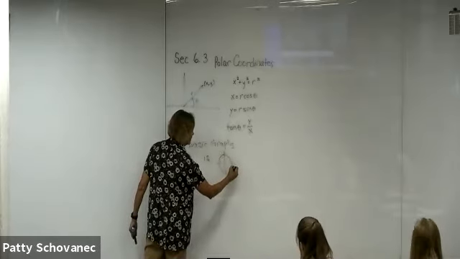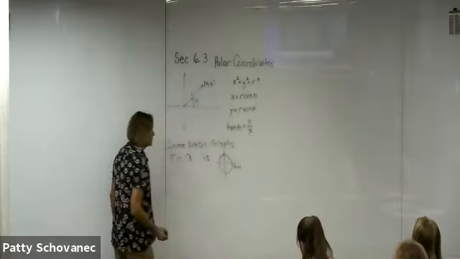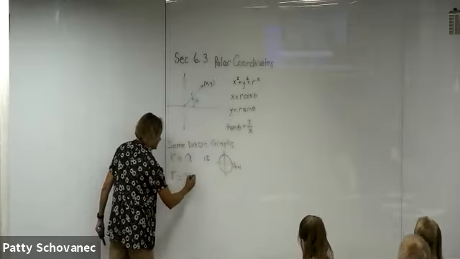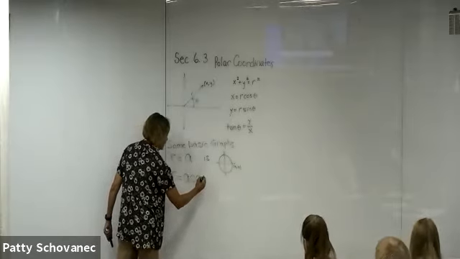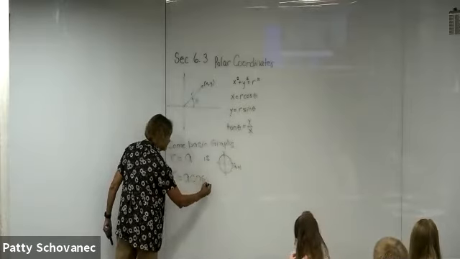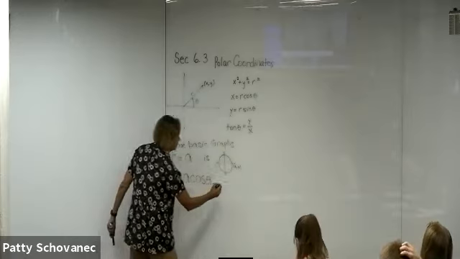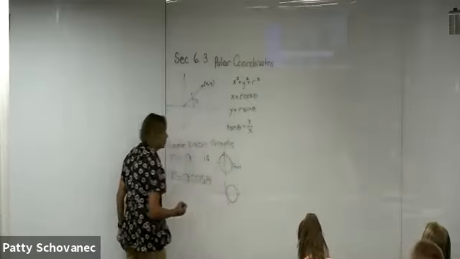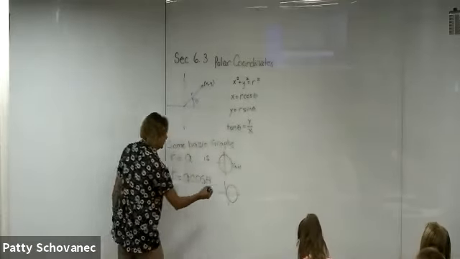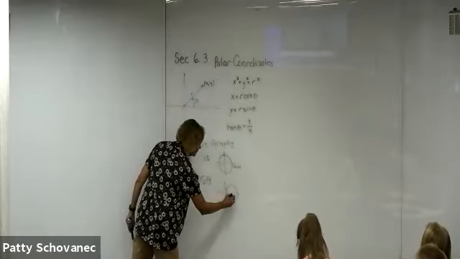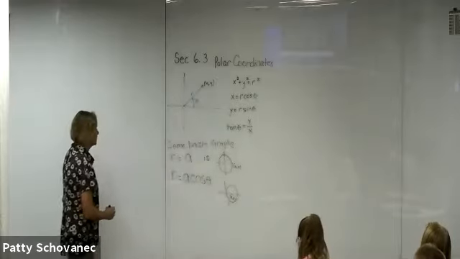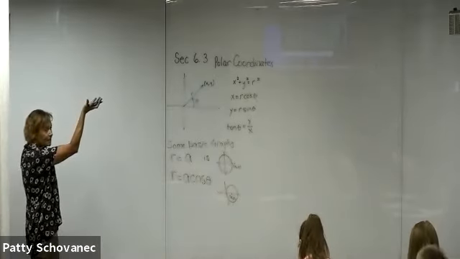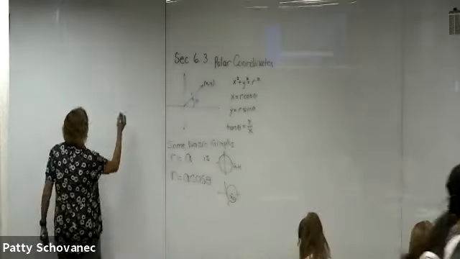If I slap a cosine next to that a, it shifts the circle onto the x-axis, depending on whether a is positive or negative. If a is positive, it goes over here. So it's a circle with a diameter of a. And then if I do the same thing with a sine, it puts it up the y-axis if a is positive, on the negative y-axis if a is negative.